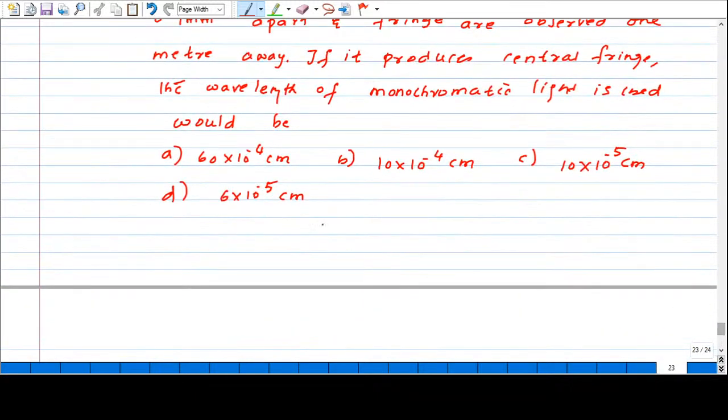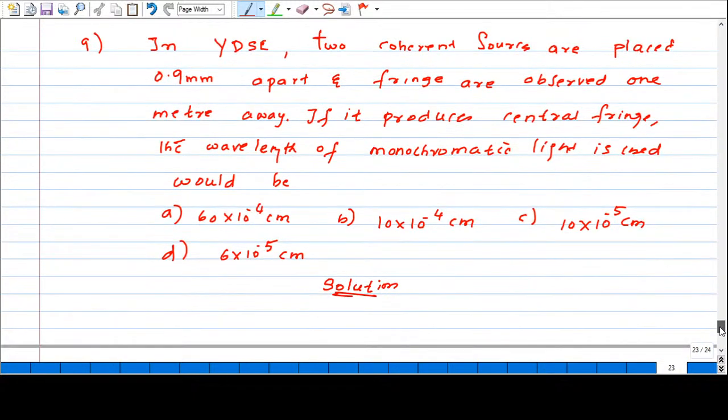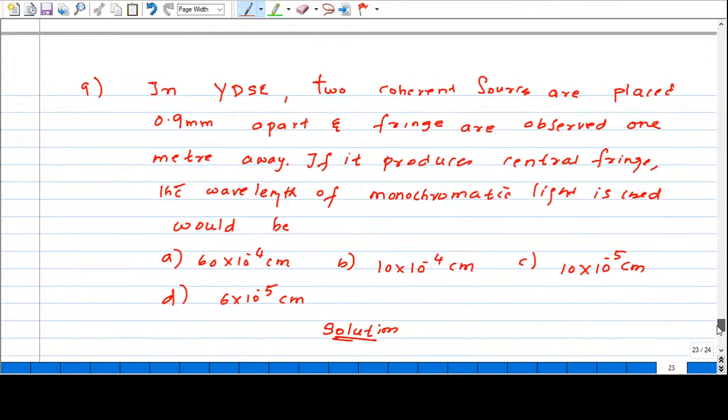So let us go with the solution. So again I'll read the question. In YDSE experiment, two coherent sources are placed 0.90 mm apart and the fringes are observed 1 meter away. If it produces central fringe, not central fringe, it produces second dark fringe.